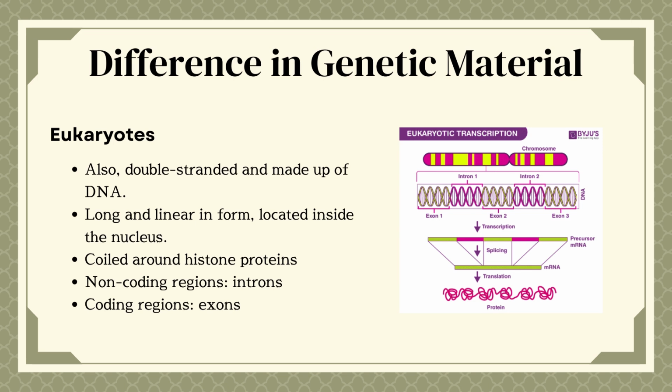However, the forms of the two are different. In eukaryotes, the form is very long and linear, and it is located inside the nucleus. It is coiled around histone proteins, and it has two regions, which are the non-coding regions, the introns, and the coding regions called the exons.